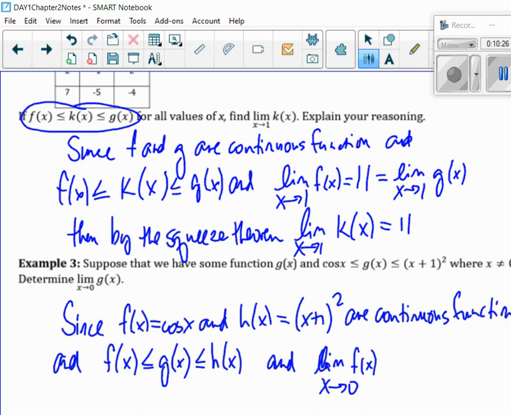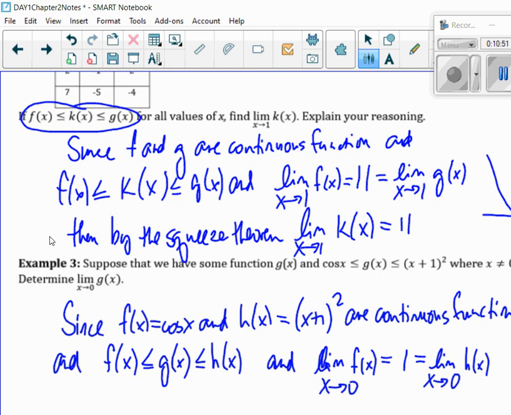Yes, it's equal to 1. And picture h of x. This is a parabola that went left 1. Do you know what the height is? Remember your 0, 0, 1? Yeah, it's 1. So that equals 1.